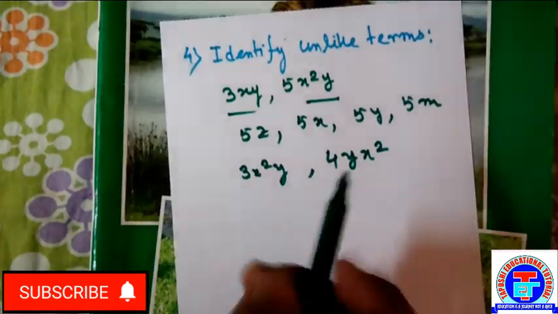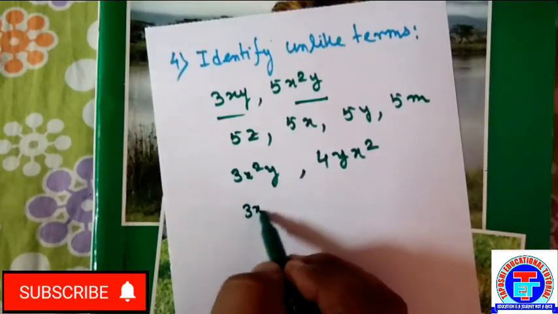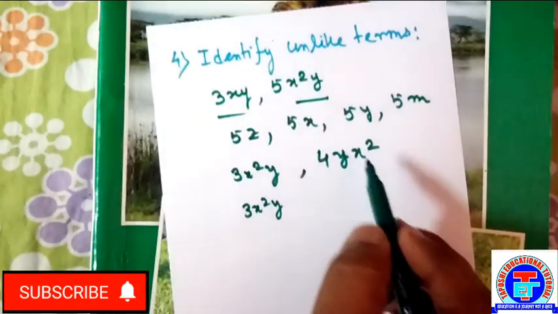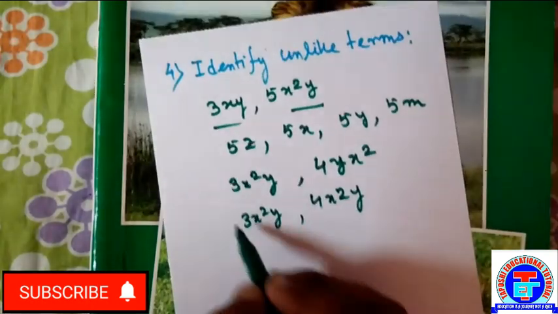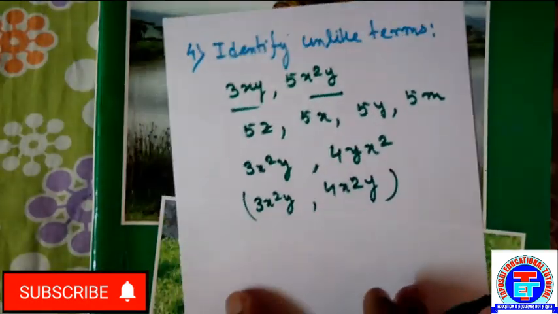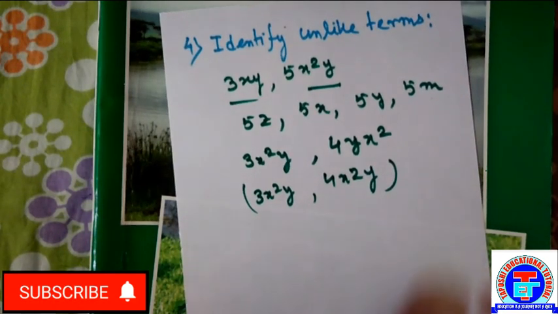If I arrange it as 4x square y, then it becomes a like term, right?